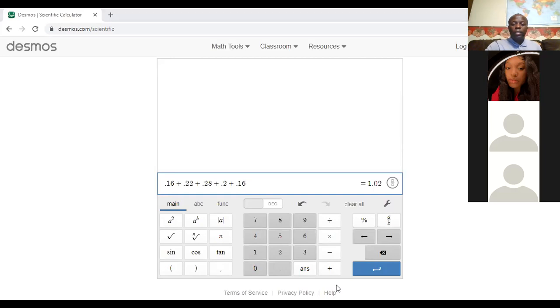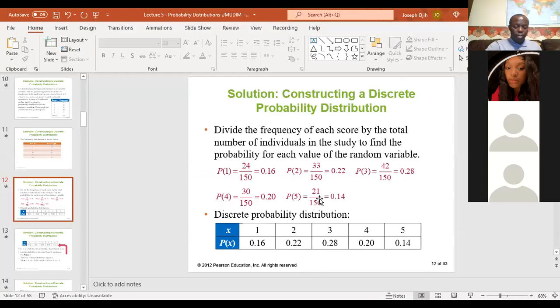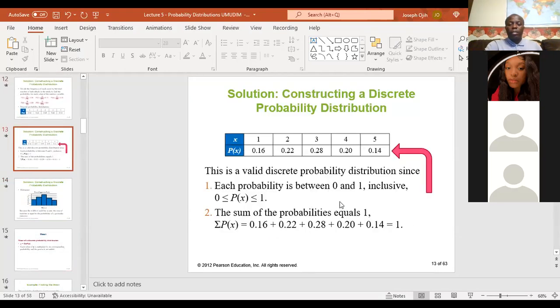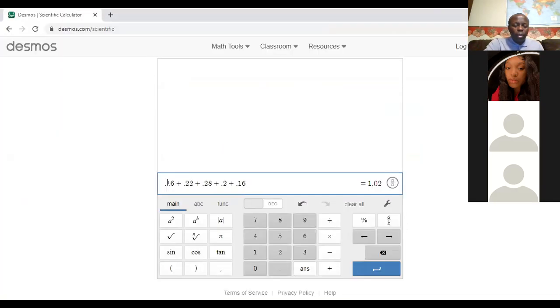It should be 1 exactly, but I'm getting 1.02. Maybe I typed something wrong here. 0.16, 0.22, 0.28, 0.20, and 0.1.